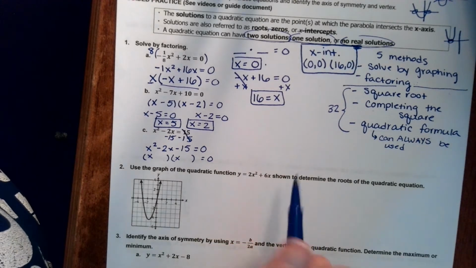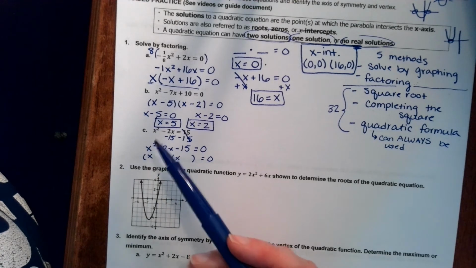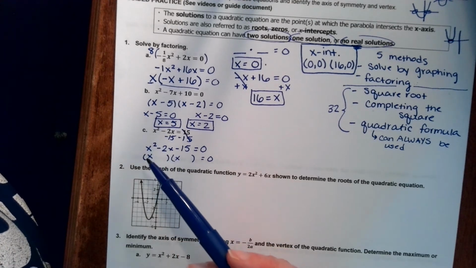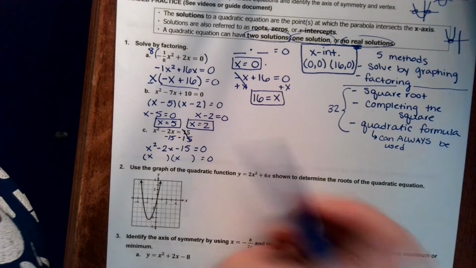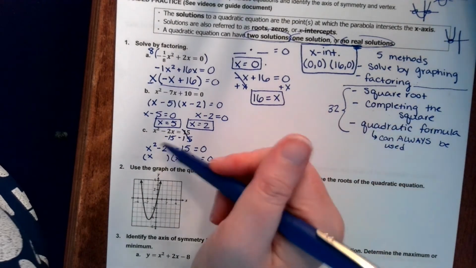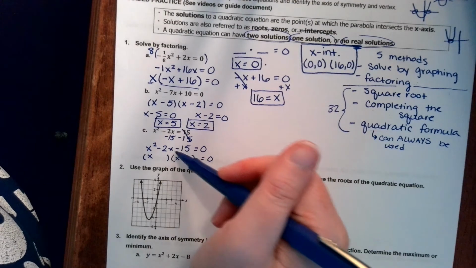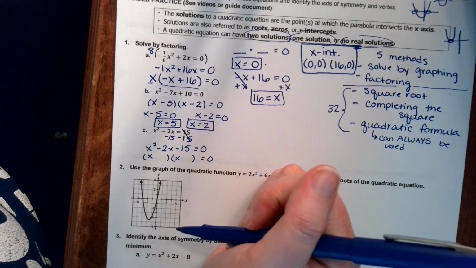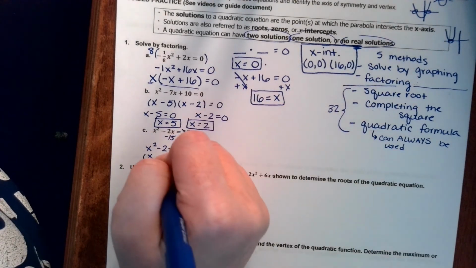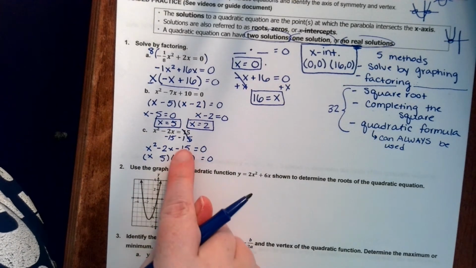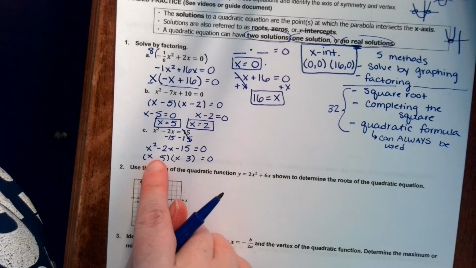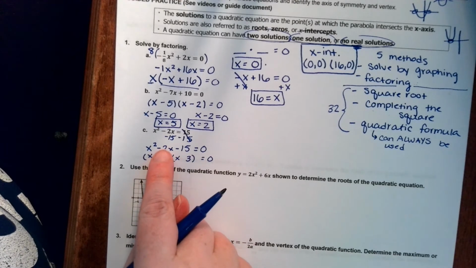But for right now, since it doesn't have anything in front of x squared, you know it's going to be x and x. So I need numbers that multiply to give me 15, and subtract, since this is negative, to give me 2. So the only thing I can think of is 5 times 3. 5 times 3 will give me 15, and 5 minus 3 will give me 2.